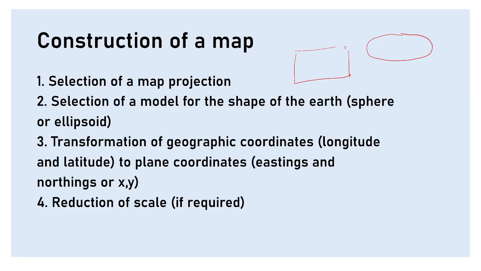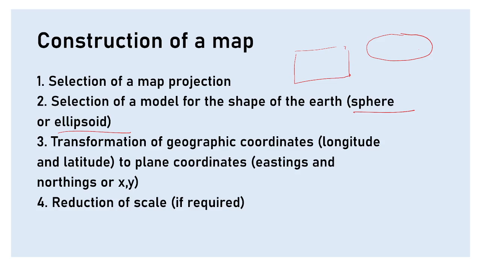So there is selection of a model for the shape of the Earth. It can be a sphere or it can be an ellipsoid. All these depend on what kind of map you need and what kind of information you are expecting from the map. Based on that, you will choose what kind of projection you have to do and what kind of model you need to choose.